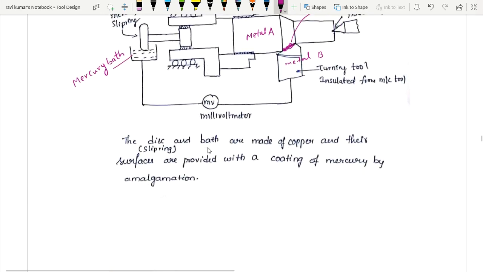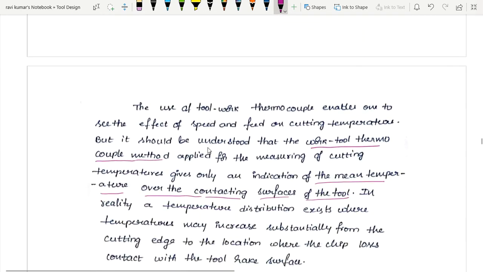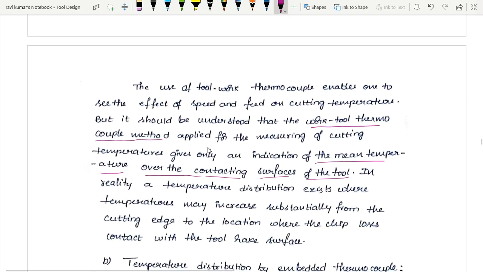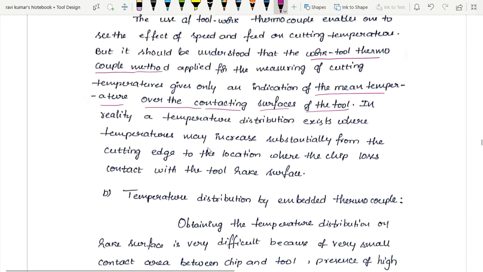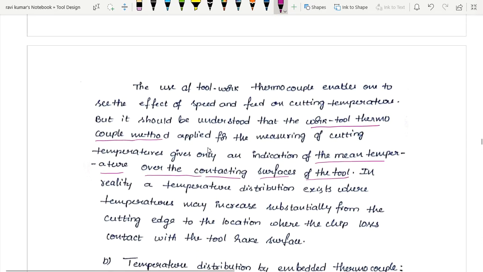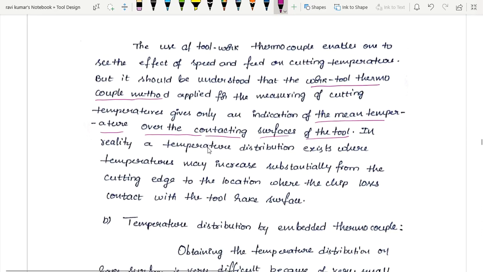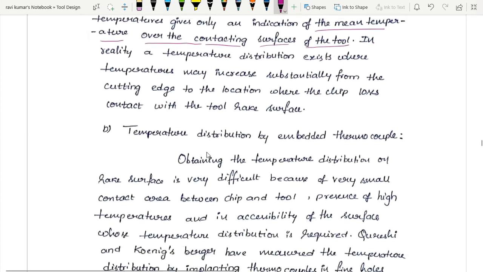One can understand how the temperature is changing with respect to parameters like speed, feed, depth of cut. It's very simple: how speed, feed, depth of cut or some other parameter affect the temperature in the cutting region can be studied with the help of the tool work thermocouple.